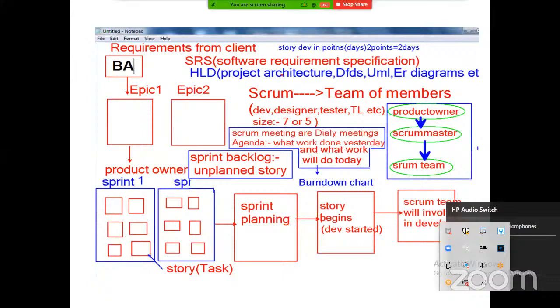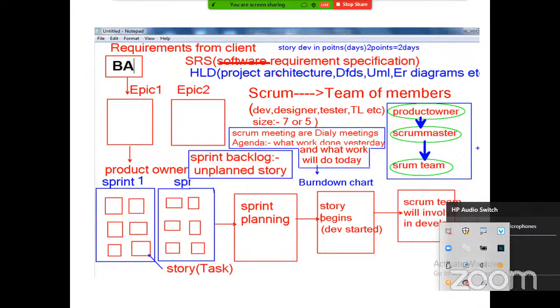This document consists of the complete information of the project, like the project architecture diagram, data flow diagrams, UML diagrams and ER diagrams. The complete information of the project is documented in one document. The name of the document is SRS.